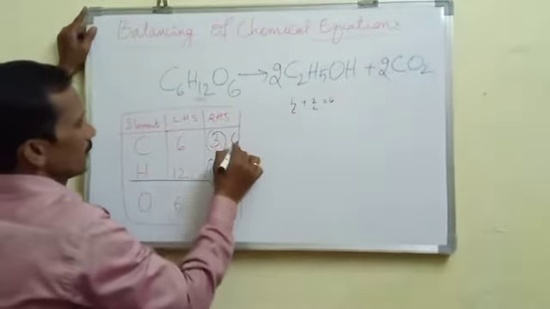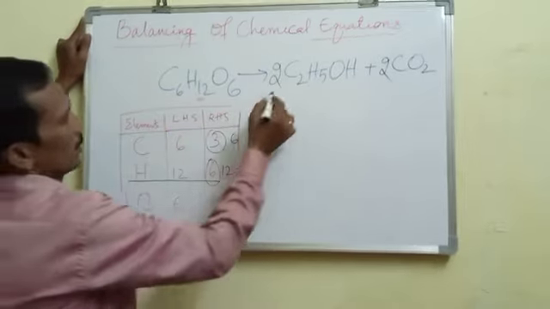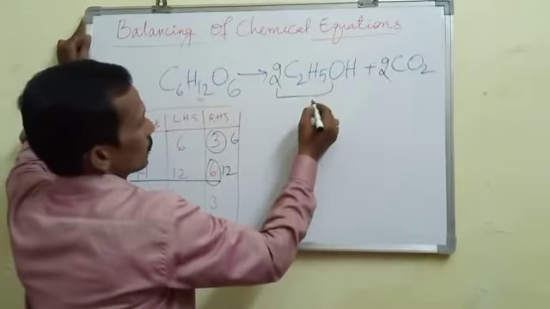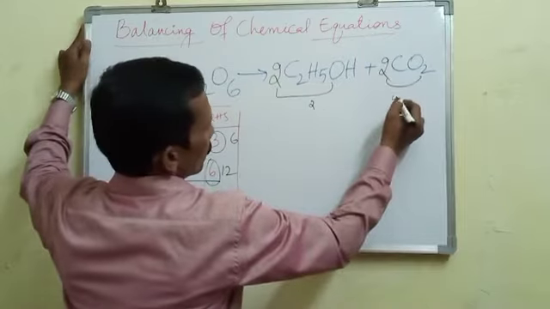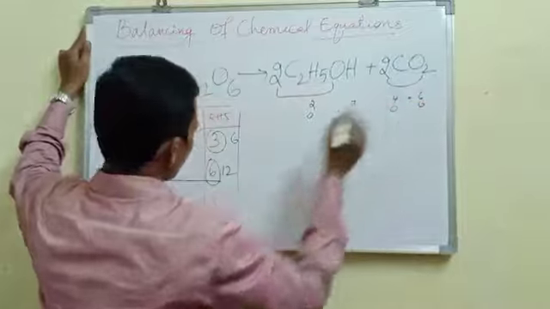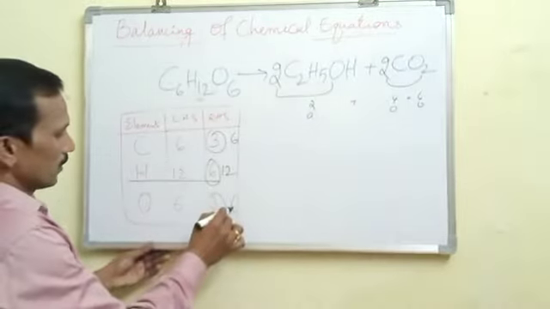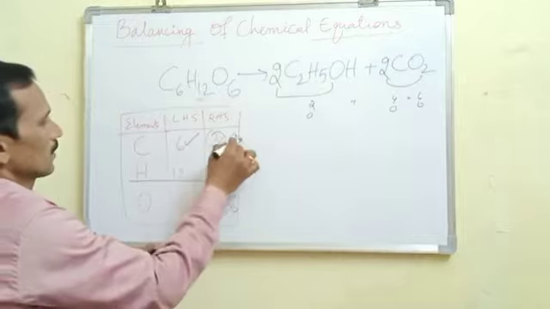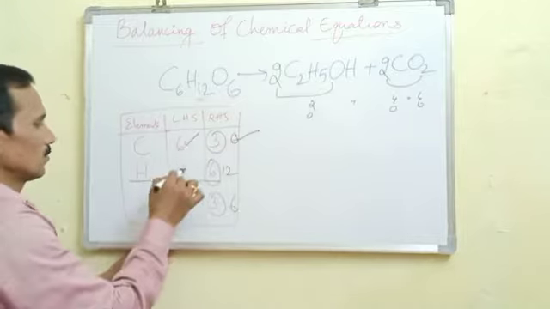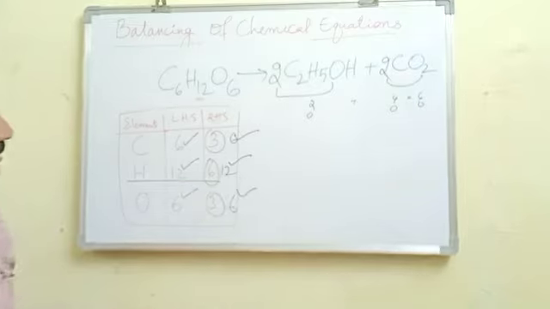So it is balanced like this. Next, oxygens are 6 here. Here 2 into 1 oxygen, 2 oxygens. Here 2 into 2, 4. Total 6 oxygens. Check the RHS side and LHS side. Here 6 carbons, 6 carbons. 12 hydrogens, 12 hydrogens. 6 oxygens, 6 oxygens.